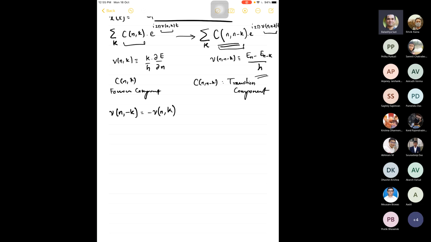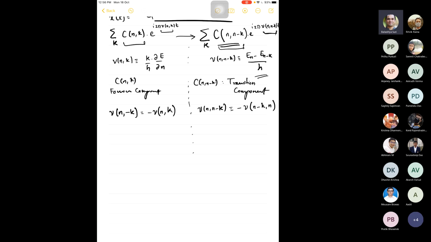So let me be ambitious again. And what did he say? What did Heisenberg say? Okay, in the quantum case, this is the formula. This is nu n minus k. Okay, nu n minus k should be minus nu n minus k n.